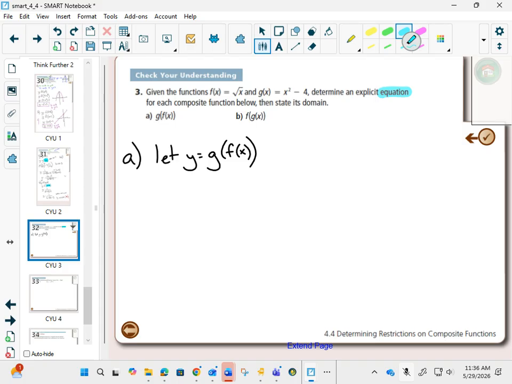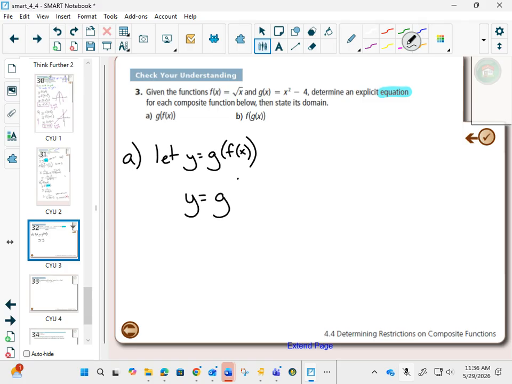And unfortunately, the exam is really picky about that. They're like, we asked you to write an equation and you didn't write an equal sign. We're mad. Well, they're not actually mad. They just take off a half mark. I don't think they're happy about it. No emotion involved whatsoever. But if I start with let y equal g of f of x, then I have my equation all the way through.